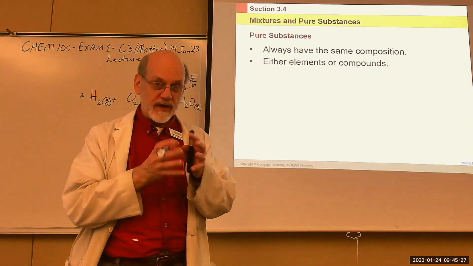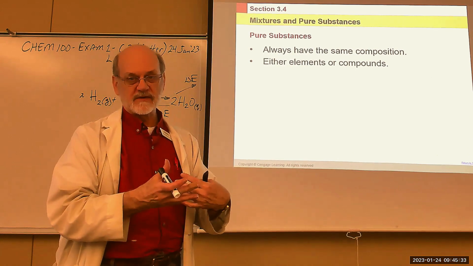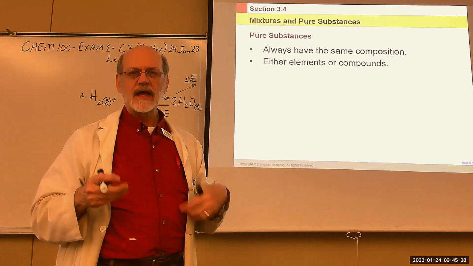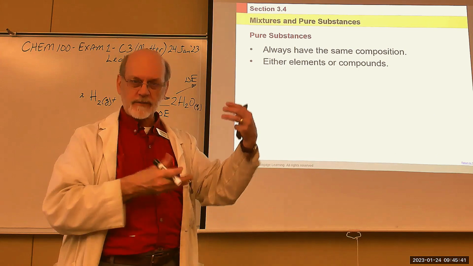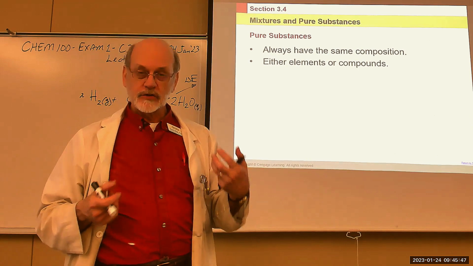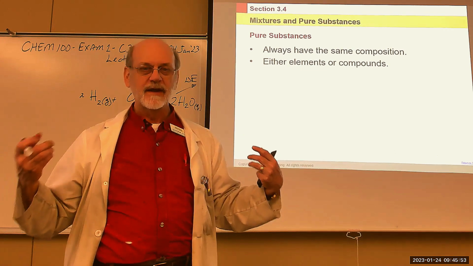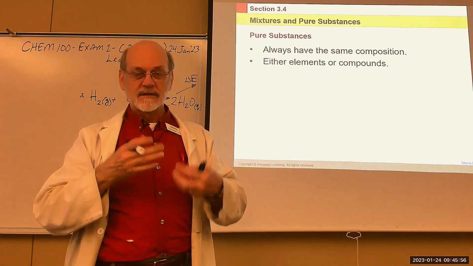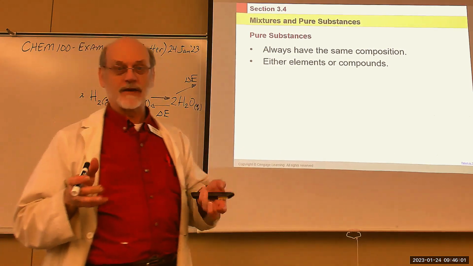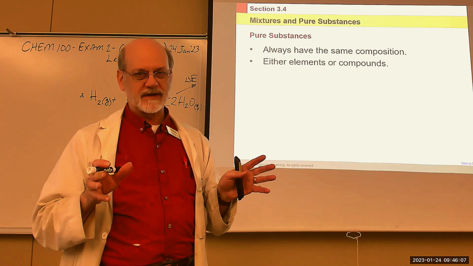But if you have a substance and you can separate the parts of it by physical means, in other words, you don't change the identity of the components, you just separate them, like our sugar water, we separate the water from the sugar. Now we have two compounds. Those compounds are pure substances when they're separated. An element that has nothing else in it, like gold bullion. I like that one. Gold bullion, that's a pure substance. It only has gold atoms in it.